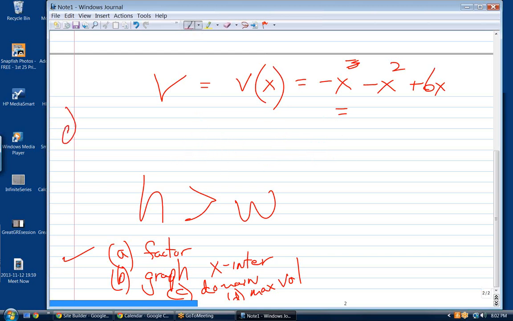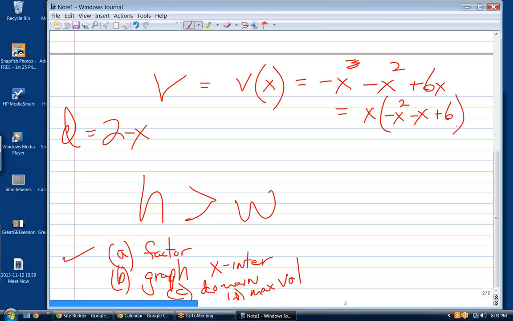Pulling out your greatest common factor. And what would that be? X. What's left over? Negative X squared minus X plus 6.